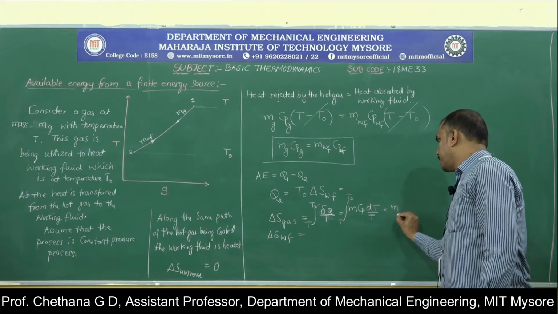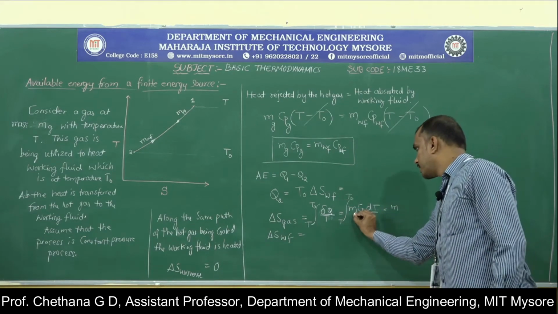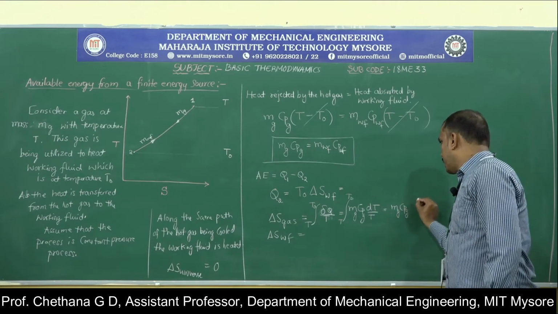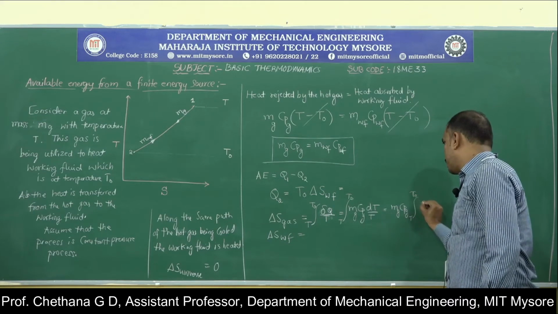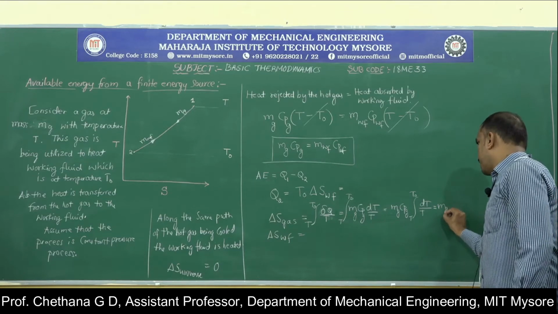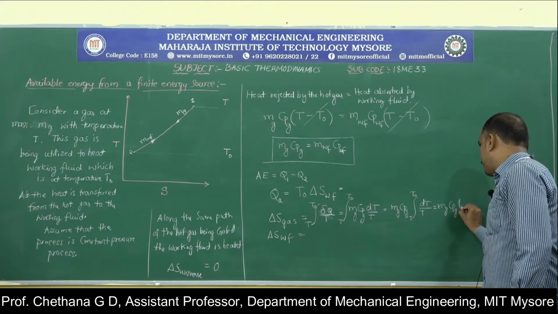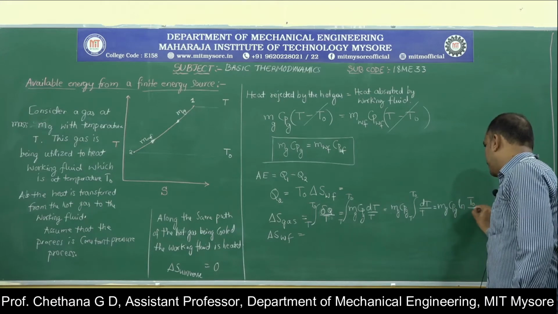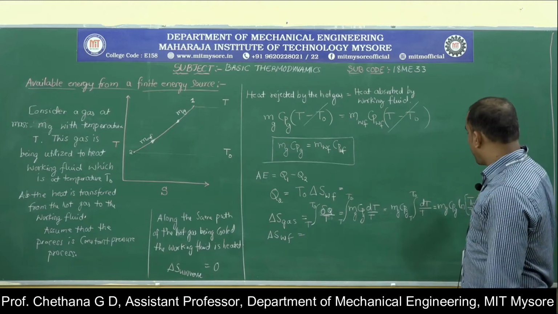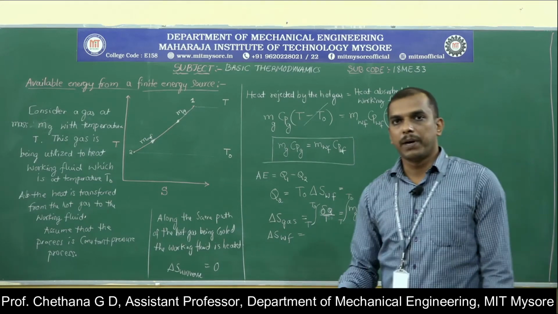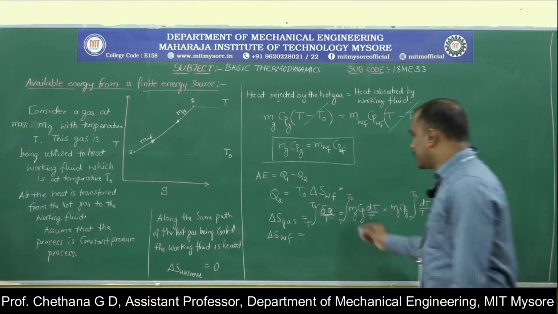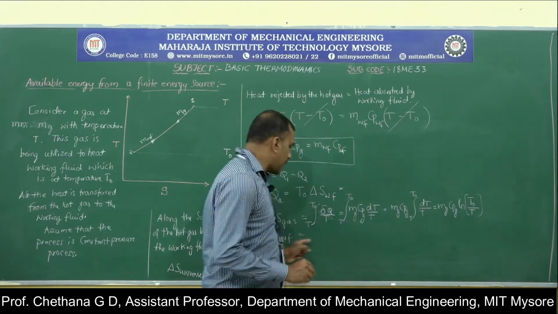Now mass is constant. This is of course for gas we are writing mg cpg. So constant. Now T to T naught dT by T, what we are going to get is mCp ln of T naught by T. If you substitute the limits, you are going to get ln of T naught minus ln of T, ultimately ln of A minus ln of B, you are going to get ln of A by B. Similarly, you can calculate for the working fluid as well.